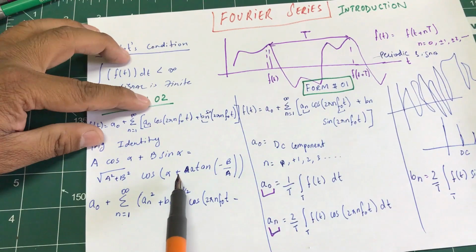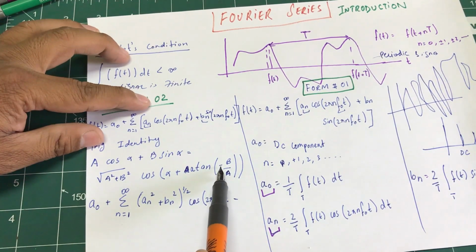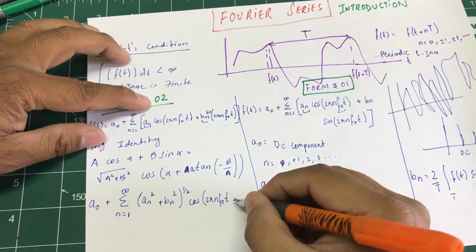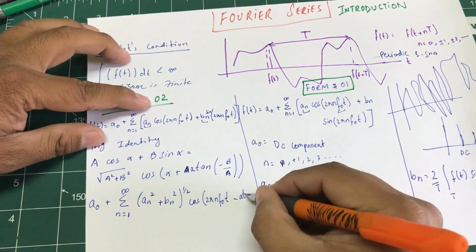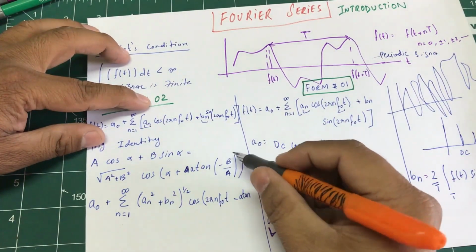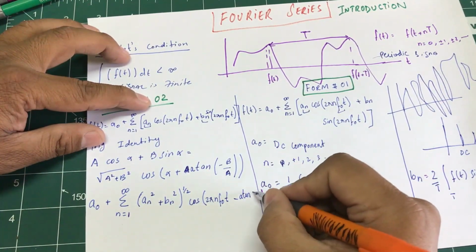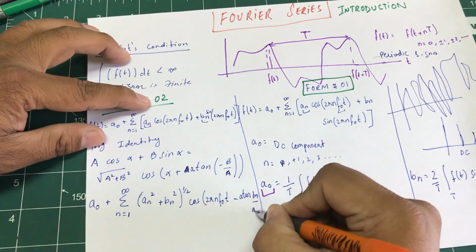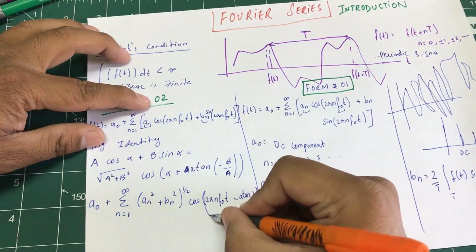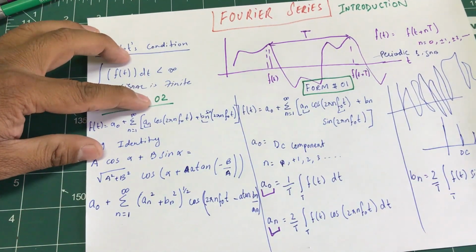There's a plus sign in that trig identity, and then this negative when it goes out, so that becomes negative. So this is going to be negative arctan. And what is going to be my b? My b is bn divided by an, and this is another format.